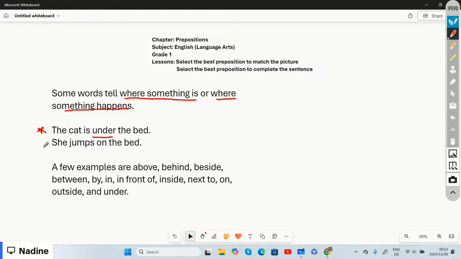If you look at another example, it says, she jumps on the bed.